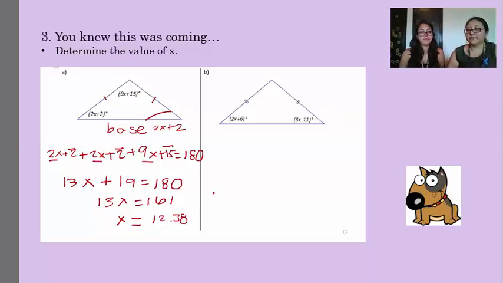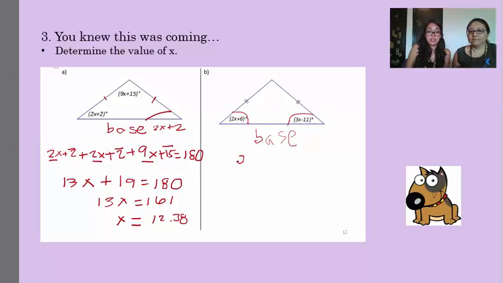All right guys, now for this one, let's identify the base. We know that the base angles are congruent, like we've been saying. If they're congruent, that means they're equal to each other. So let's do that. 2x plus 6 equals 3x minus 11, because the base angles are congruent.